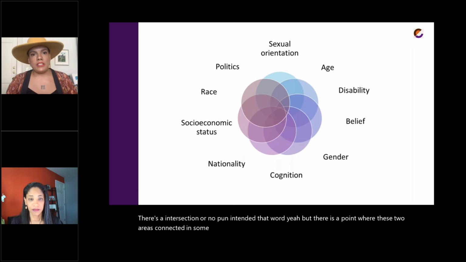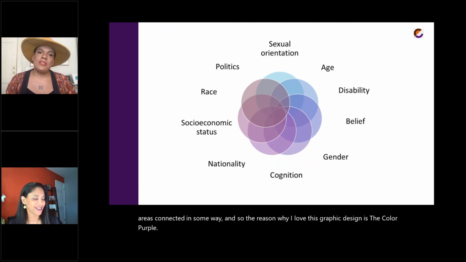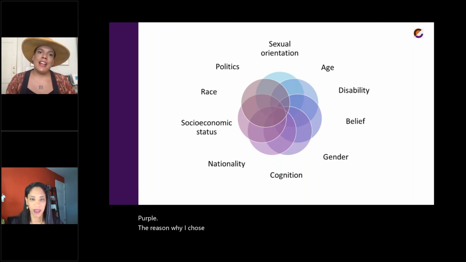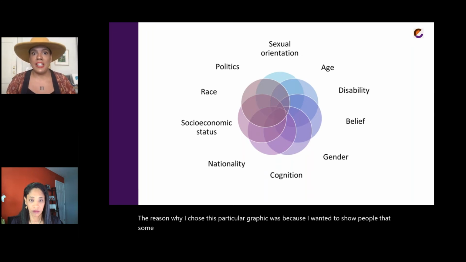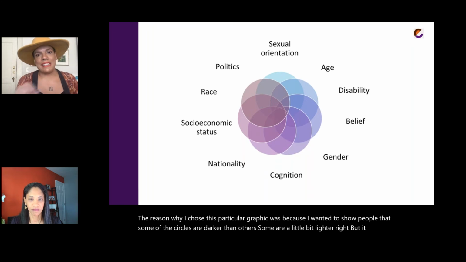The reason why I love this graphic, besides the color, purple and blue are some of my favorite colors, is that I wanted to show people that some of the circles are darker than others, some are a little bit lighter, right? But it doesn't change the fact that they're all intersecting.